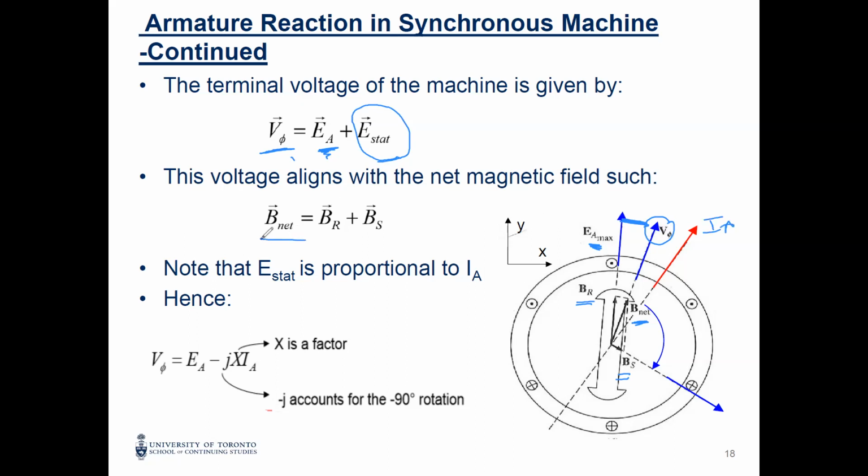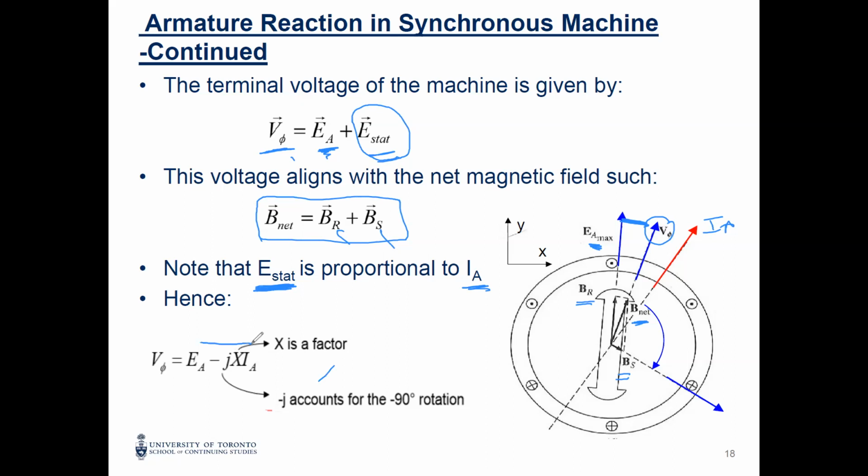This one we already defined: the net flux density is the one from the rotor plus the one from the stator. Of course, the one from the stator is proportional to the armature current. If there is no armature current, you will not have armature action, right?